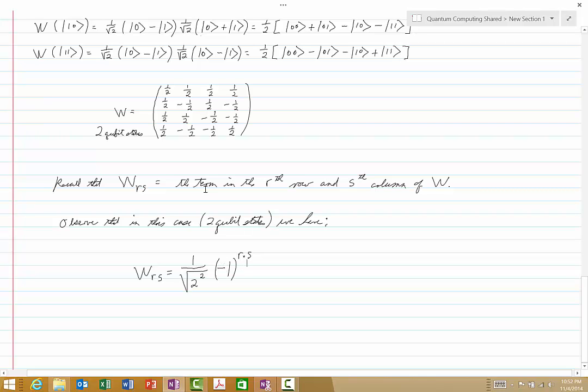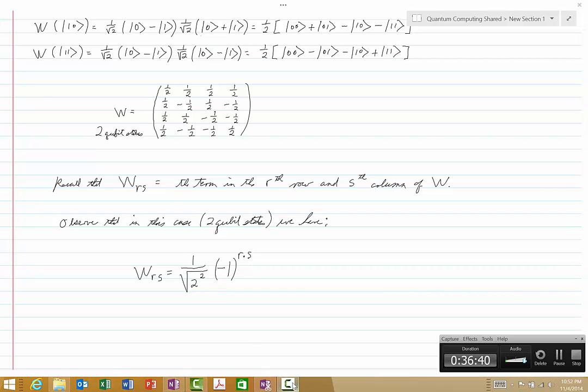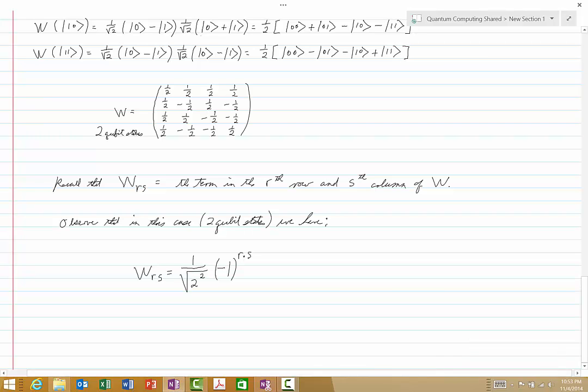Okay, now to apply this, we need to understand what we're talking about with R and S. For the R and S that are down here, we can think about these just as you usually would.